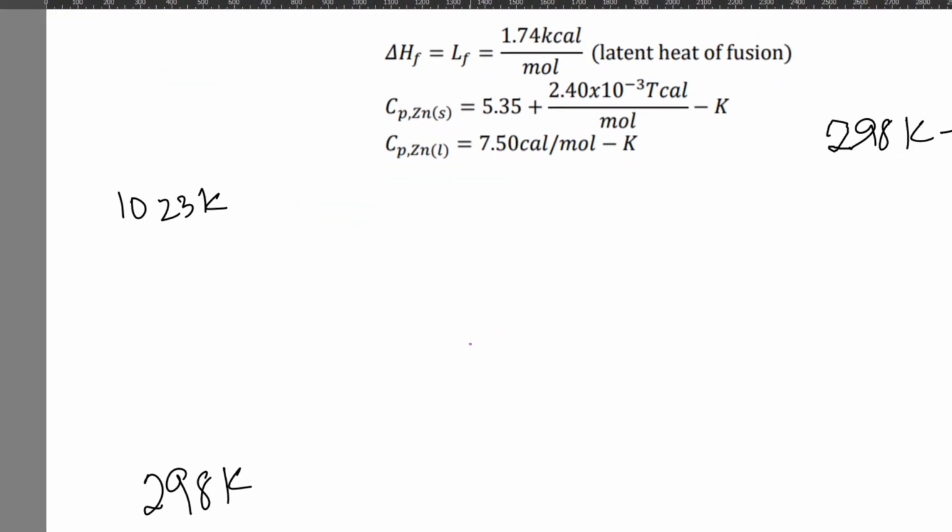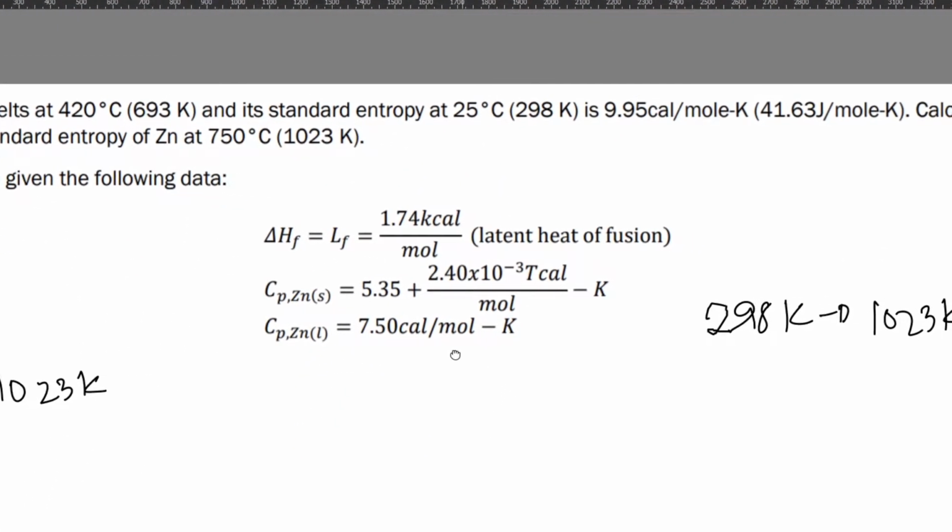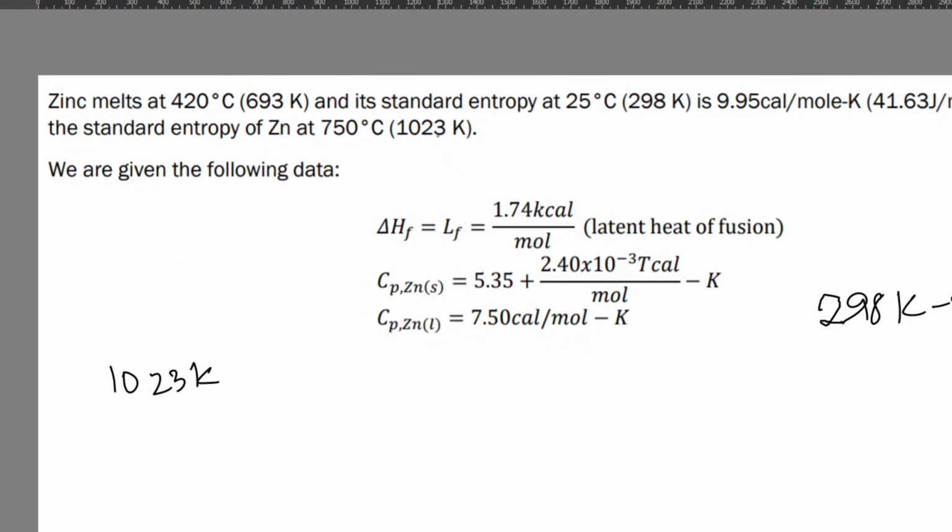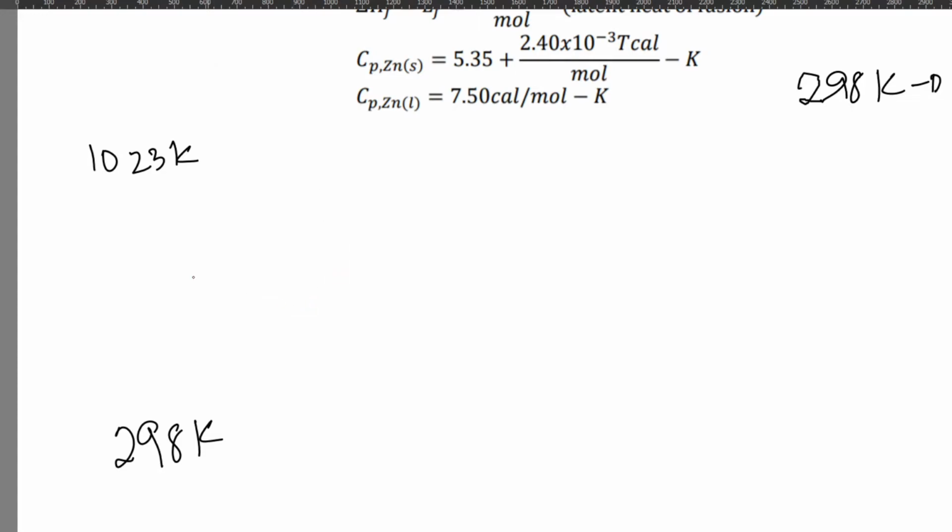Along the way, there will be a phase change converting your zinc from solid to liquid. And from the given, we know that that will occur at 693 Kelvin.